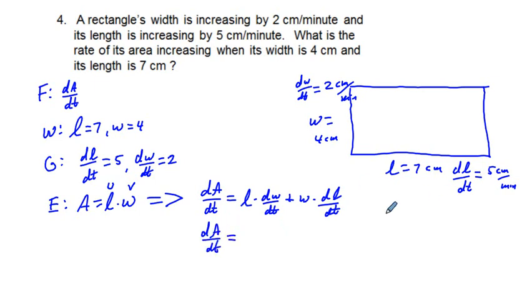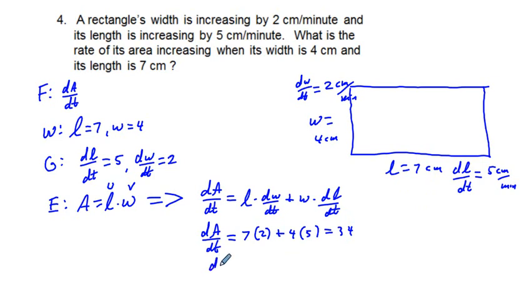is equal to our length, which is 7, times our dw dt, which is 2, plus our width, which is 4, times dl dt, which is 5. So we're going to add these together and get 14 plus 20, or 34.